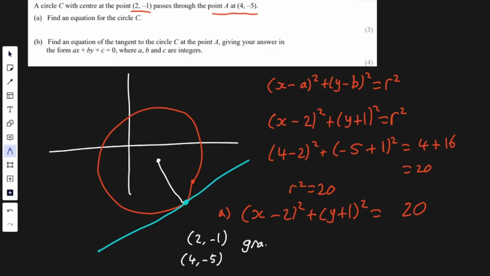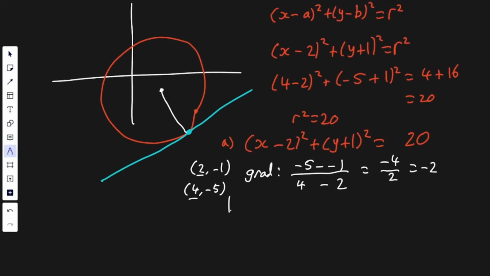So we're going to calculate the gradient, which is y1 minus y2 over x1 minus x2, and then we've just got to match them up. We've matched up the 2 with the -1, the 4 with the -5. This gives us -4 over 2, which is -2. So the gradient of the radius is -2.